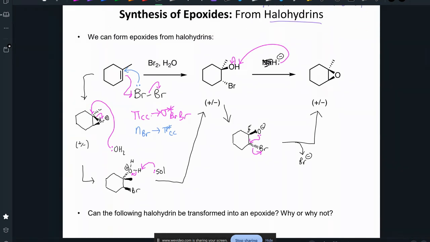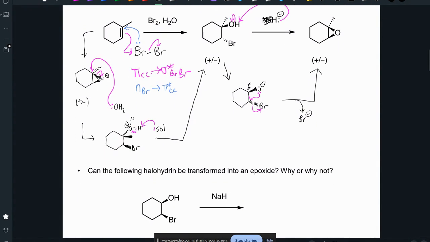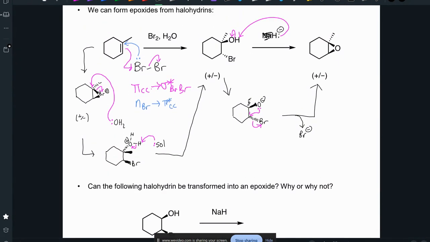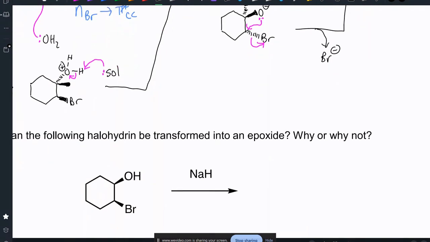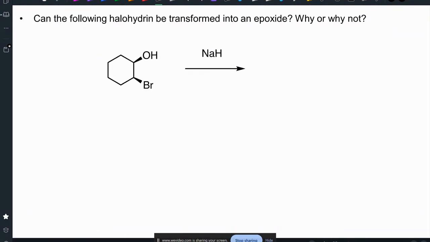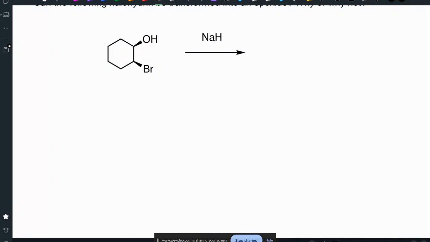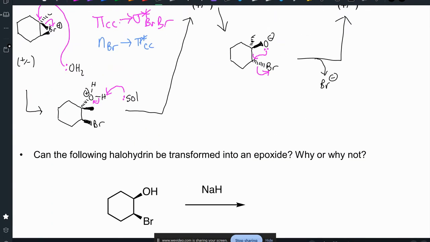Notice stereochemistry here turns out to be important, because remember this intramolecular SN2 needs to happen via a backside attack. If I were to try to do this with this halohydrin, notice the one I've used up here looked like this.